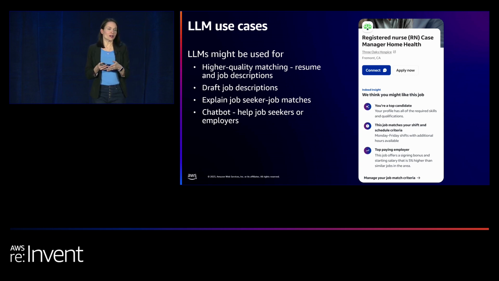And then we're using generative AI to come up with reasons why we're telling them, okay, this is why we think you should apply to this job. In this case, you're a top candidate, so you're likely to get contacted. It matches your schedule. This employer pays well. These are all things that the language model thinks are important to explain this match.